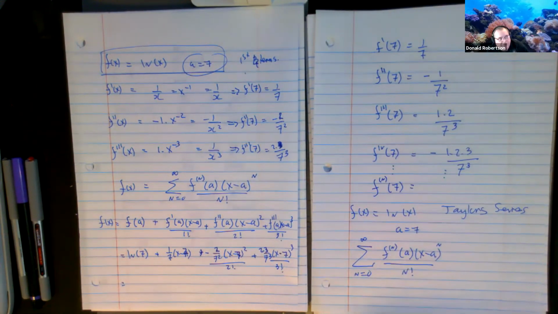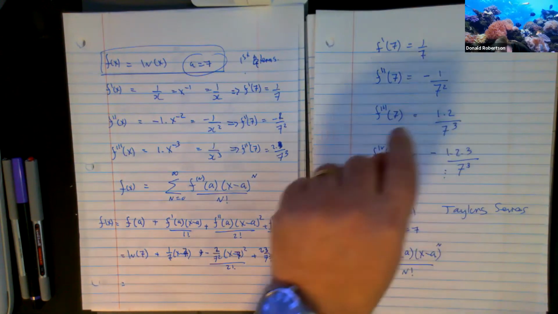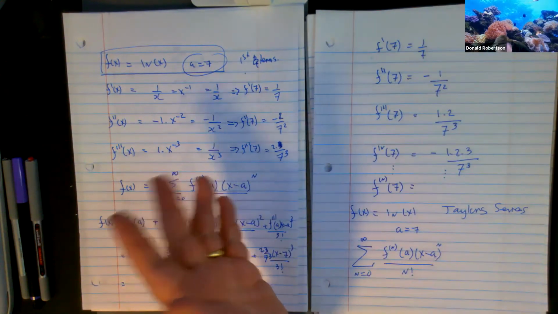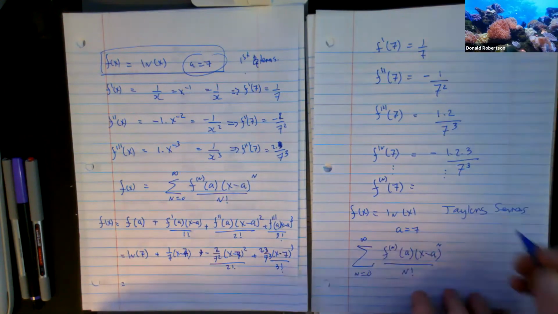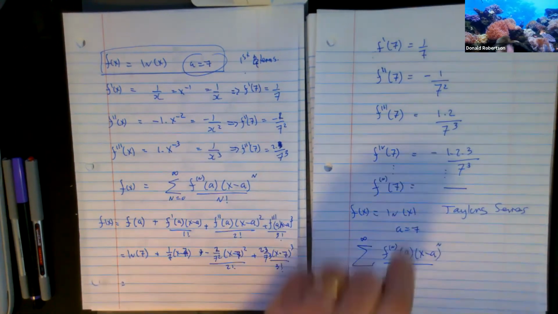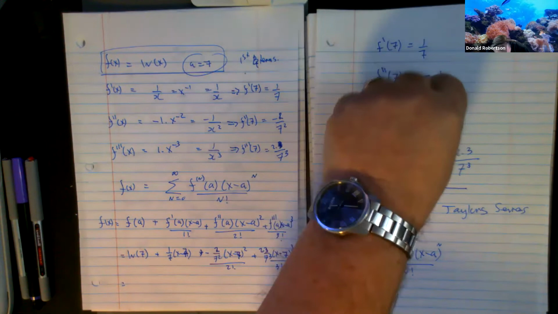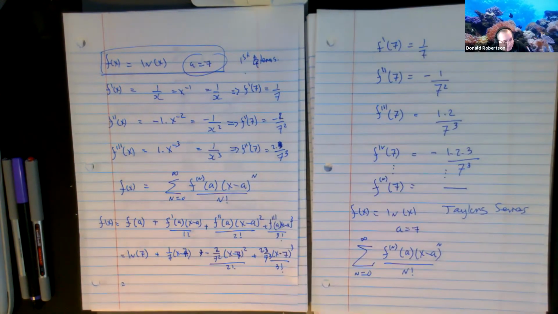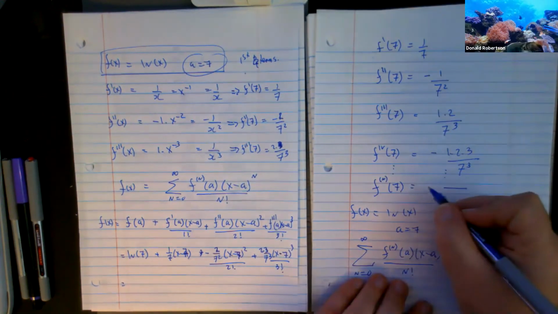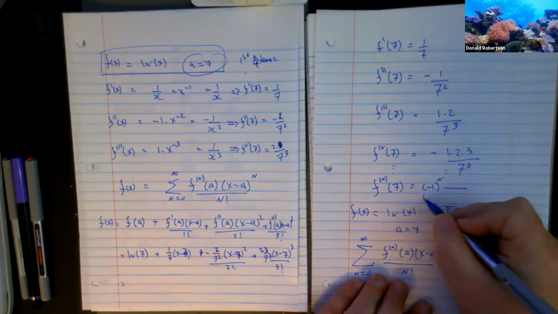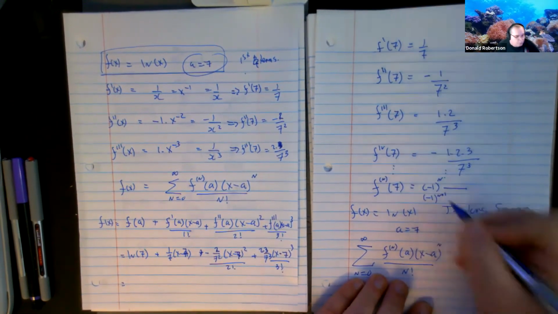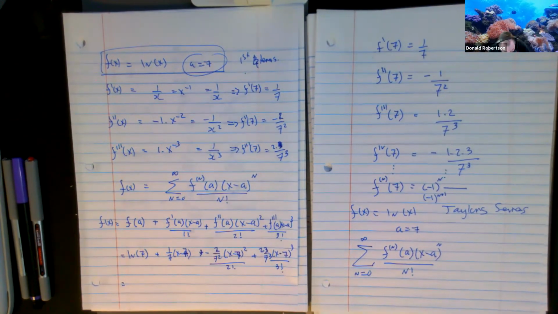And we are going to have to figure out what the nth derivative would be based on what we can see here. Would you agree that the answer goes plus, negative, plus, negative, plus, negative? And whenever you see a plus negative thing, don't you get a negative 1 to the n, or a negative 1 to the n plus 1? One of those two is going to do it.